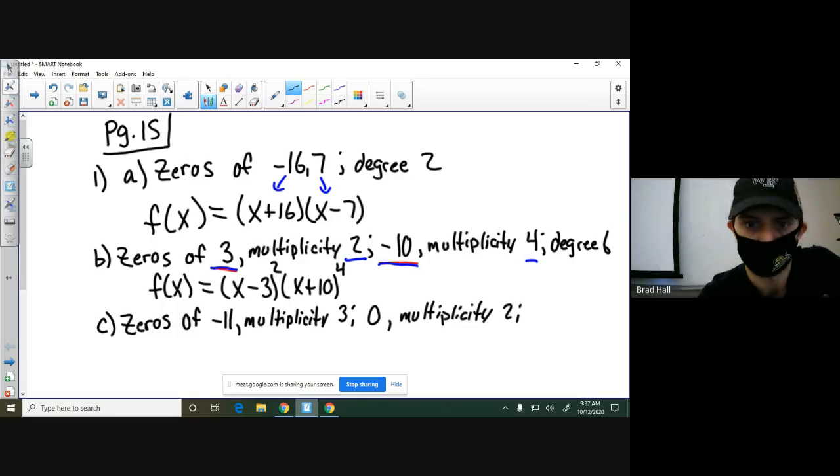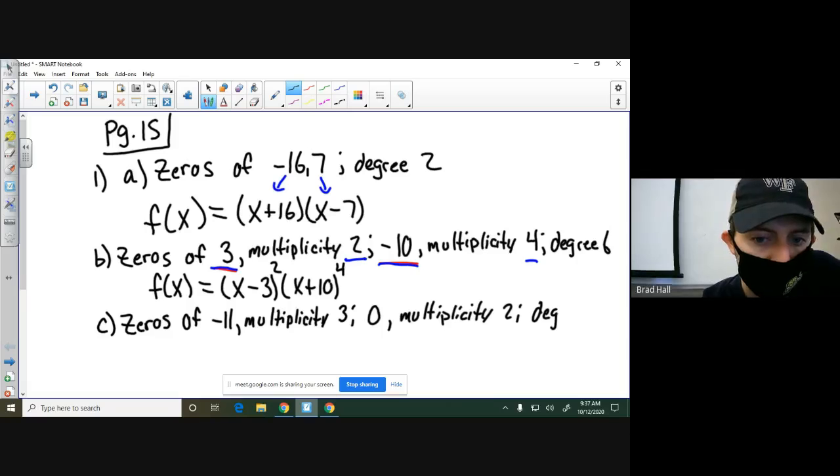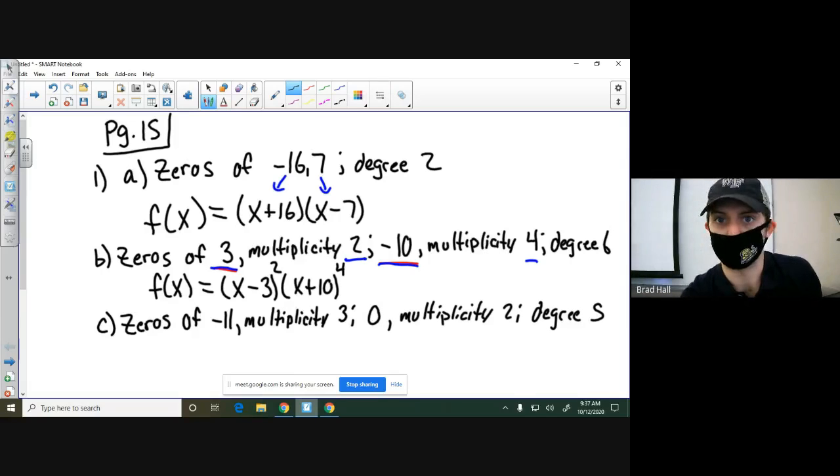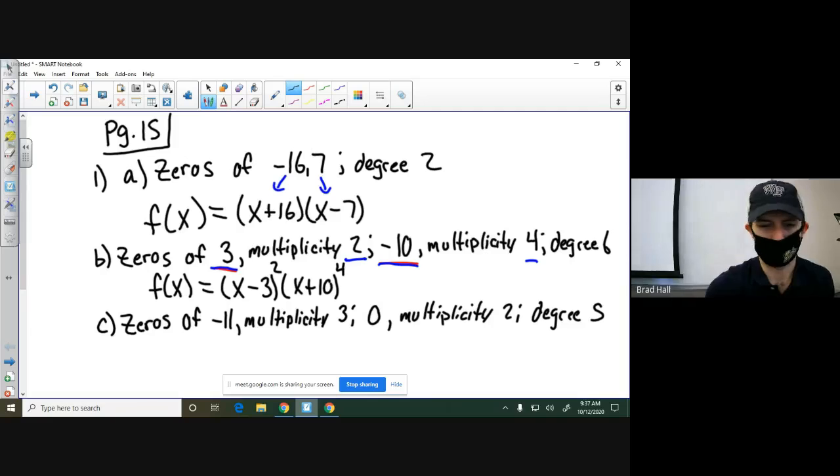And it gives us a degree of 5, which again just verifies that the sum of all the multiplicities is 5. So it's kind of redundant information.